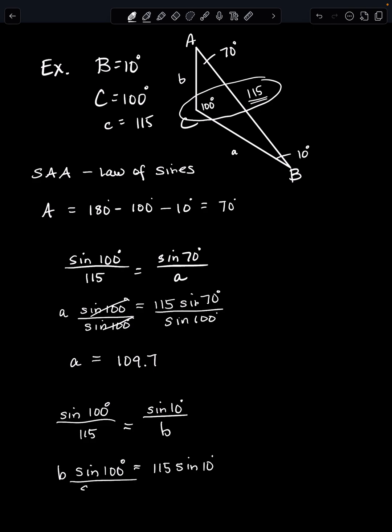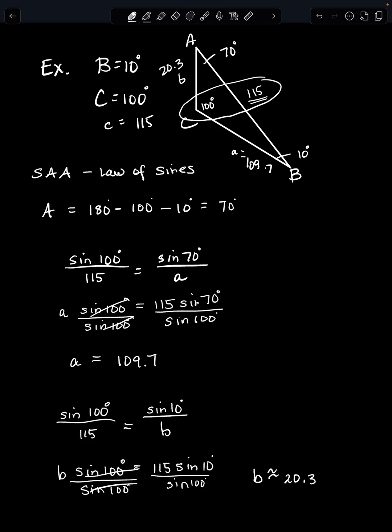When I divide to isolate B, punching that in my calculator, I get B is approximately 20.3. All right, so I found A to be 109.7. I found B to be 20.3.